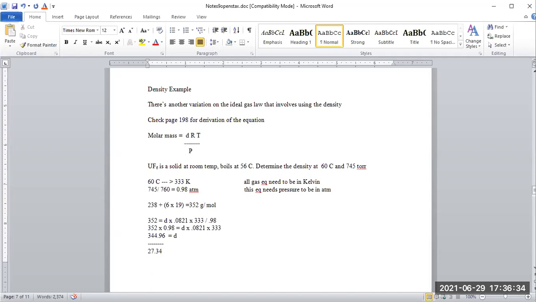okay, I'm mixing two equations. Let me double check this. I think I actually put a square root somewhere where I don't need to put it. Give me a second. I'm jumping ahead.